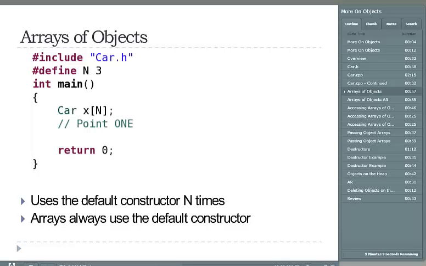Remember that arrays are of constant size and shouldn't be initialized with a variable size. Each element of the array gets default constructed, or the default constructor is called for each element. This is always the case with arrays of objects, since C++ doesn't allow you to pass arguments to each element of the array. Now take a few moments and try to draw the memory diagram at point 1.